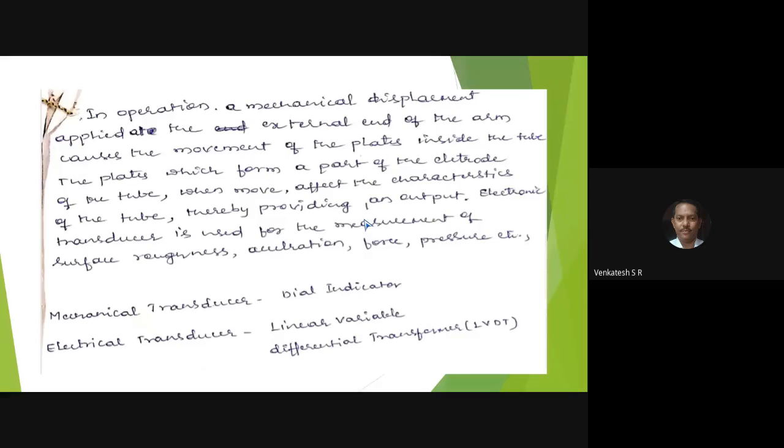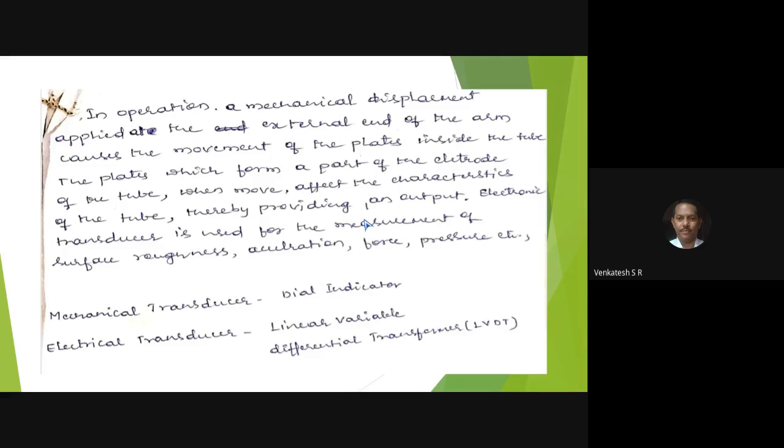Usually, this electrical transducer is a linear variable differential transformer, which we use in the lathe for the movement of the carriage after reaching the tailstock end. So, for change of direction of the movement of the carriage in the lathe, usually a linear variable differential transformer switch is used.